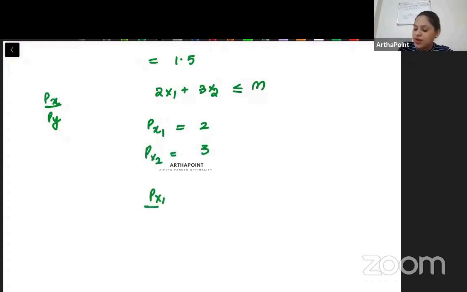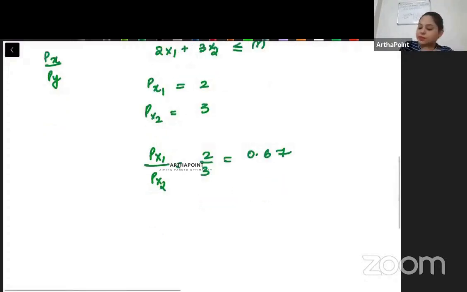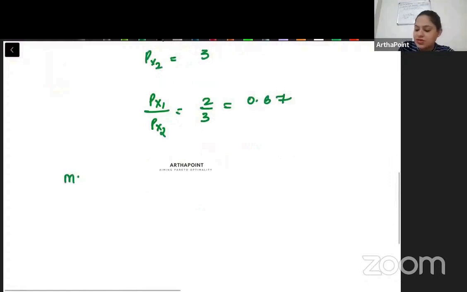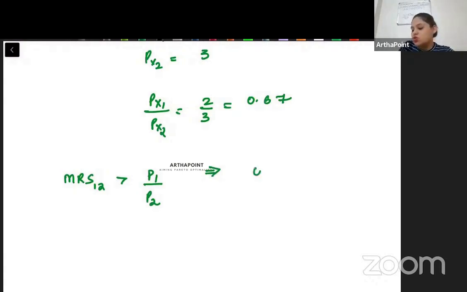So Px1 by Px2 will be 2 by 3, that is 0.67. Right? So now let's compare. We know that MRS is greater than P1 by P2. Whenever this condition occurs in substitute goods, you consume only good 1. So only good X1 is what I will be consuming.